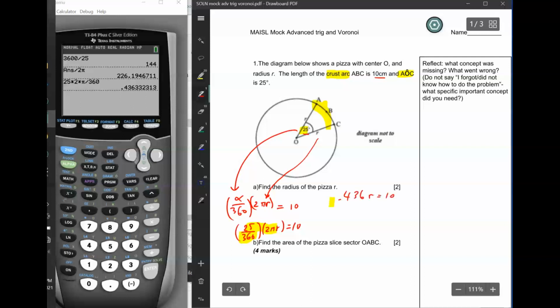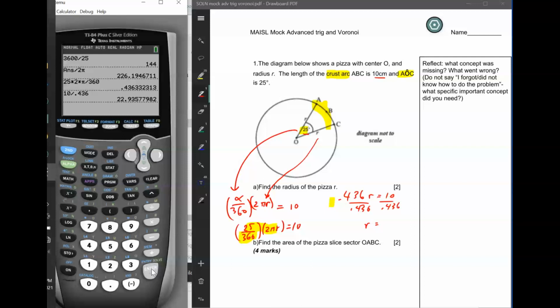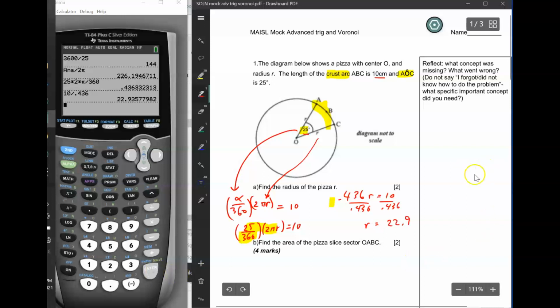Now, to find r, I divide both sides by 0.436, and I get r equals 10 divided by 0.436. The answer is 22.9. So this pizza has a radius of 22.9 centimeters.